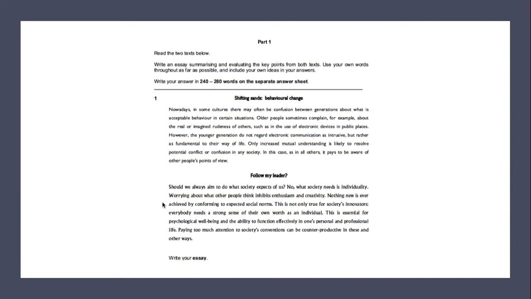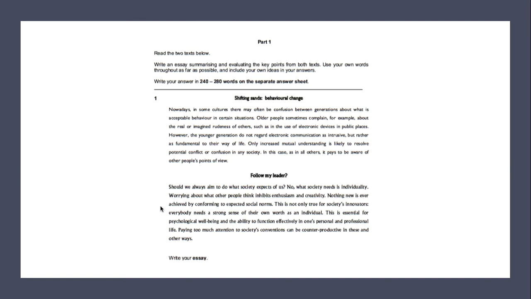Okay, now the idea here is that you're meant to summarize each text and then include your own ideas in the answer. What is Cambridge looking for here? Well, they're looking for a number of higher order writing skills, one of which is the ability to summarize, to glean, to come up with the main points of each text.